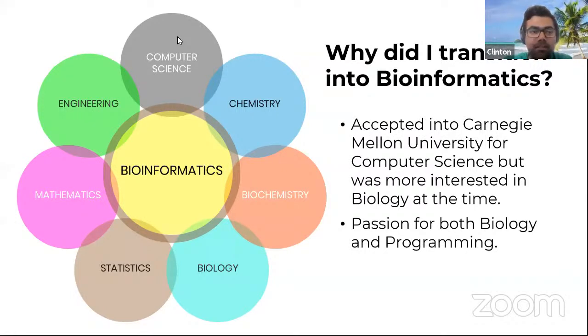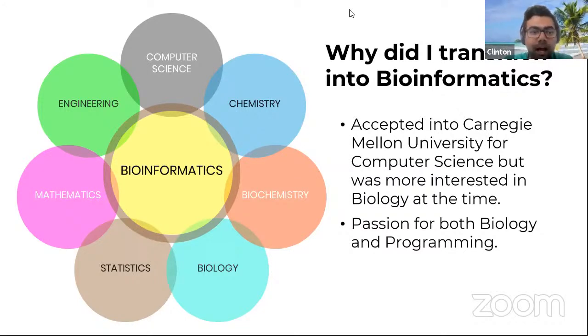So I did a master's in bioinformatics, and some of the reasons why I did that was because of the changing dynamics of the field, and my passion for both biology and programming. I did get into computer science at Carnegie Mellon for my bachelor's, but at the time I was more interested in biology, and I never really knew much about bioinformatics or computational biology.